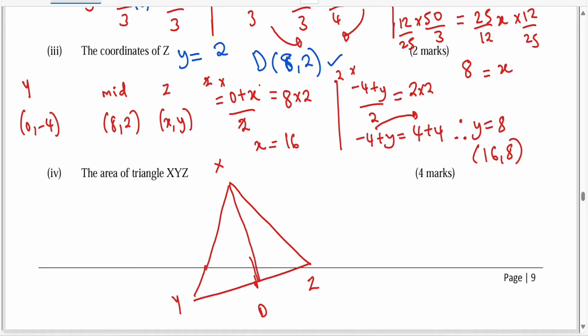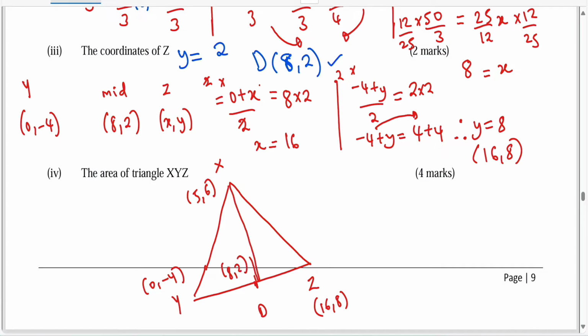Y ni 0,4, X yetu tutajua which is 5,6, na Z sahi tushapata ni 16,8, na D tumepata which is 8,2.